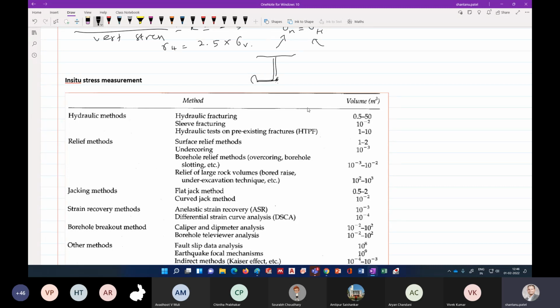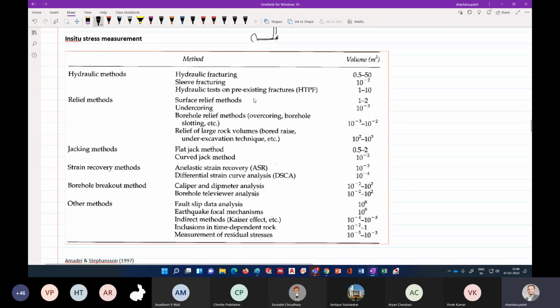We are not going to discuss that, but you can go through all of them if you want. There are the hydraulic fracturing method, slip fracturing method, and hydraulic test on pre-existing fractures. Then we have the relief method, the surface relief method. So we have n number of tests that are used to get the in situ stress.